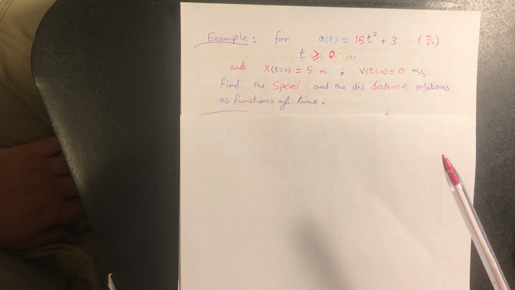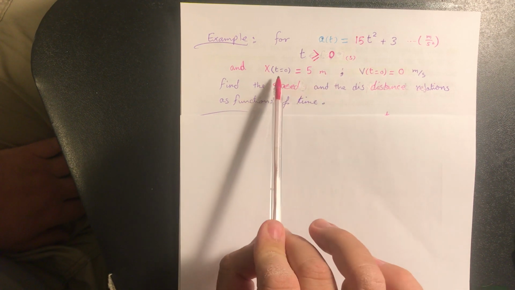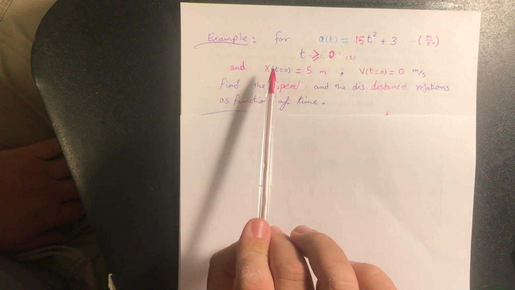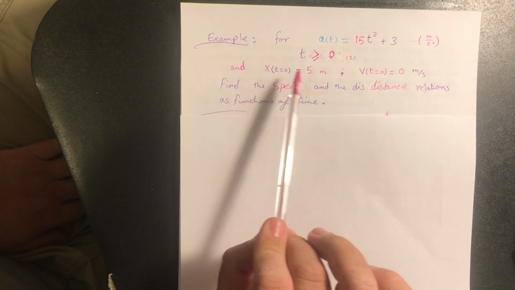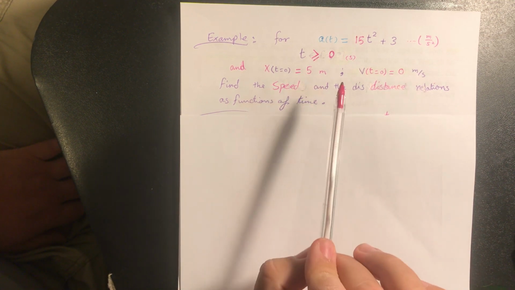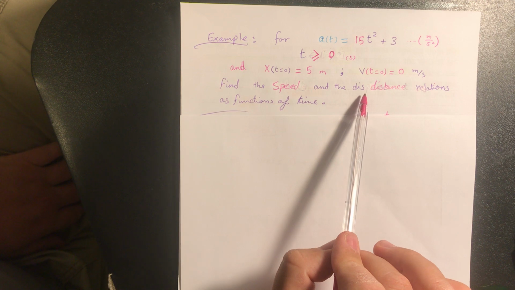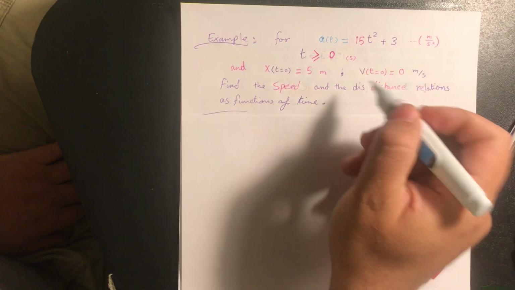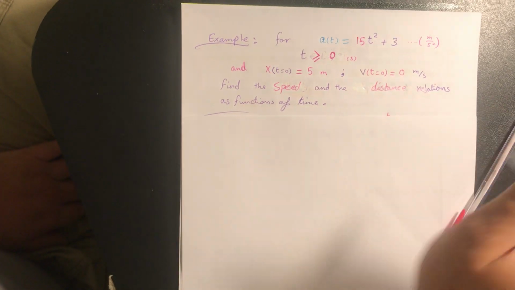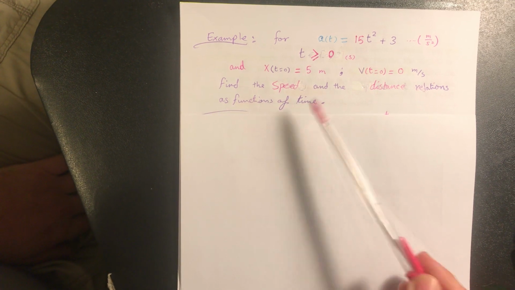And we have initial values at t equal to 0. At initial time t equal to 0, the initial position is 5 meters and the initial velocity is 0 meter per second. Okay, we need to find the speed and the position or distance relations as a function of time.